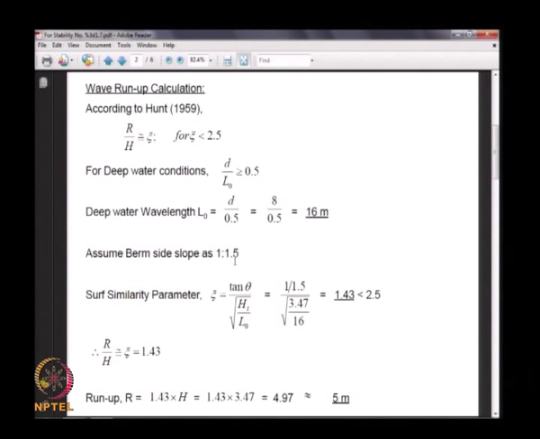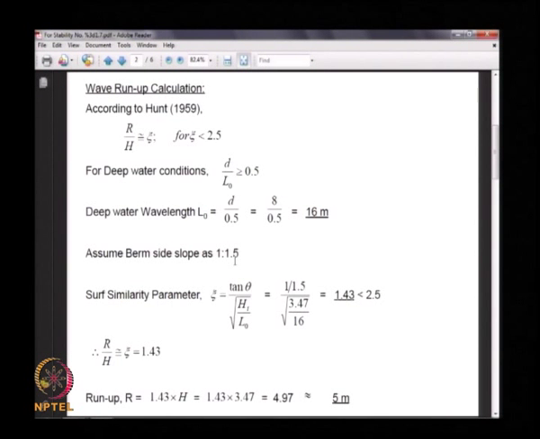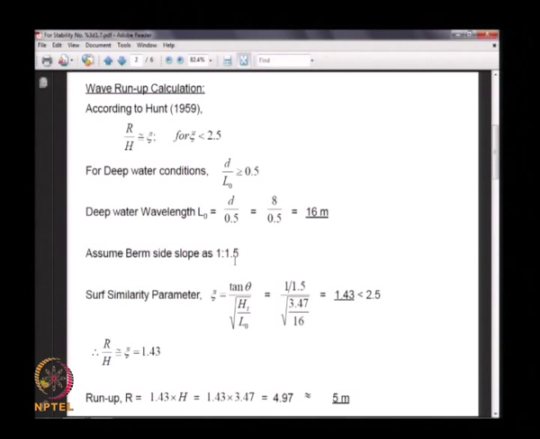This surf similarity parameter comes as 1.43. It is less than 2.5. This run up by Hs is given as 1.43.